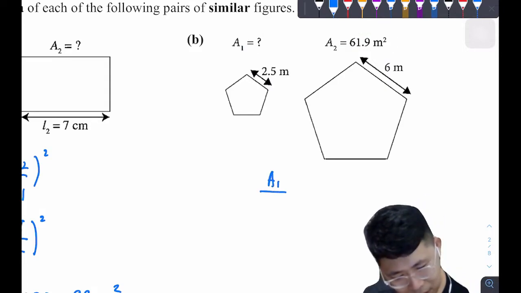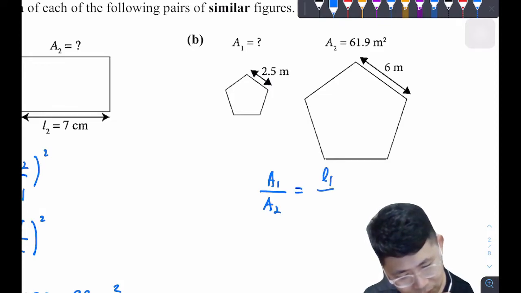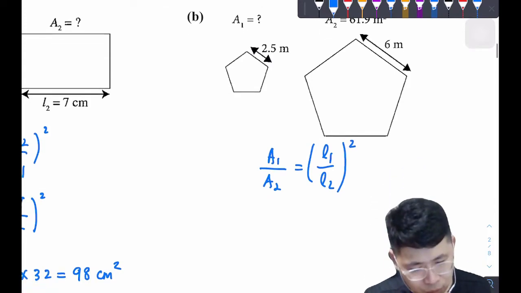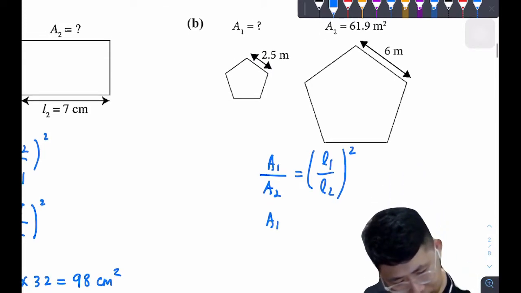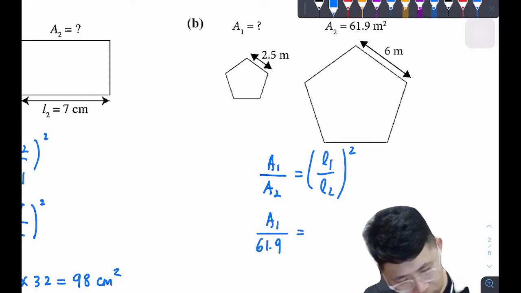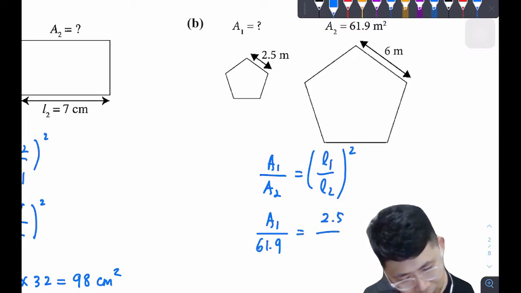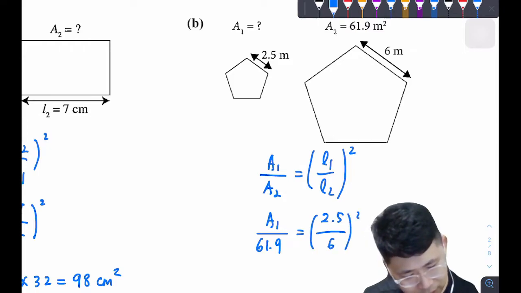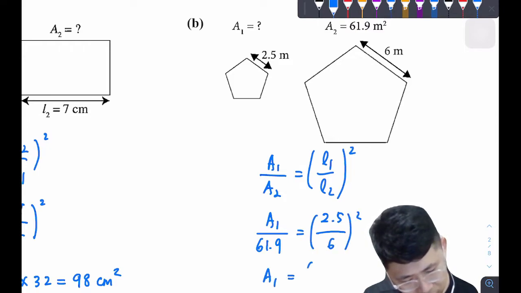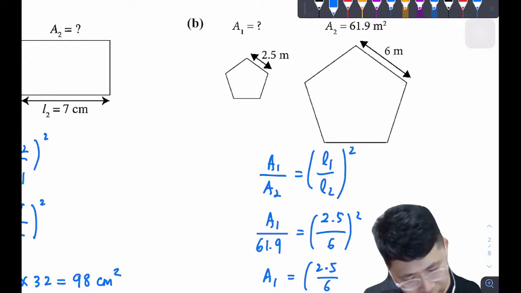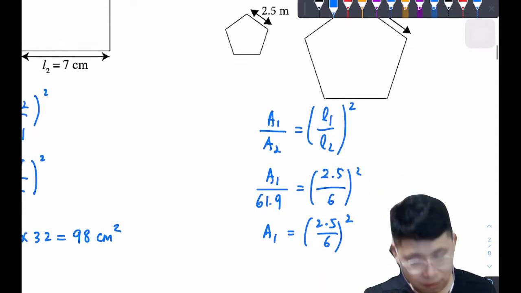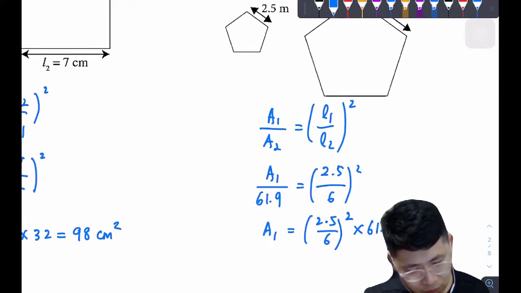A1 over A2 is (L1 over L2) squared, so A1 is equal to (2.5 over 6) squared times 61.9.